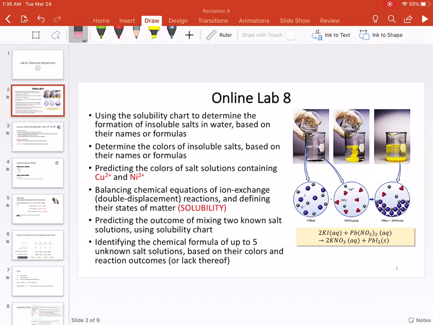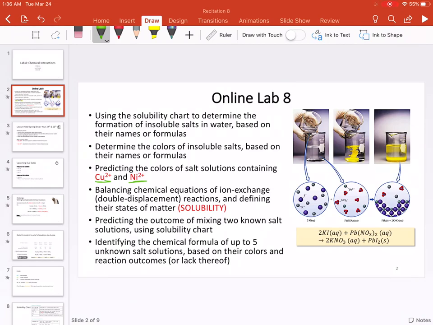You will be predicting the color of the salts that contain either copper plus 2 or nickel plus 2, because normally these two ions, or cations in this case, tend to form blue or green solutions or precipitates as well.